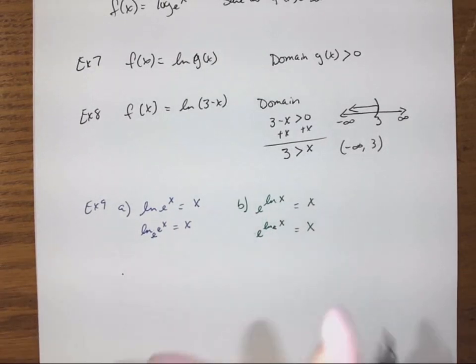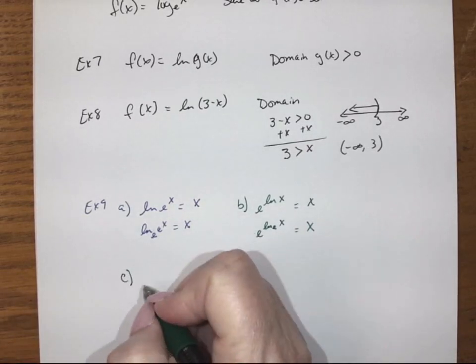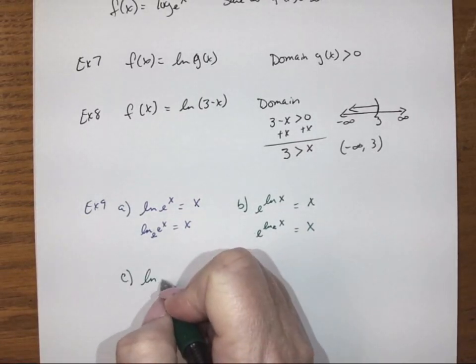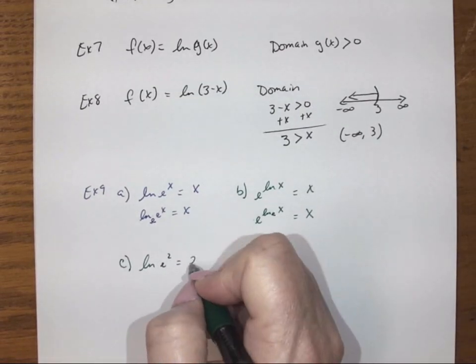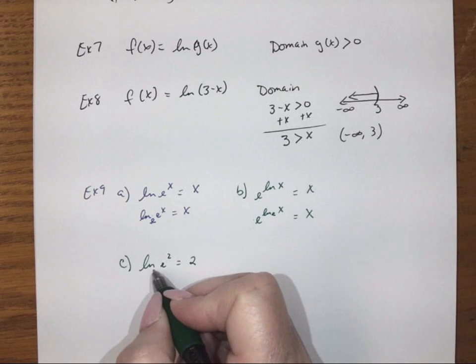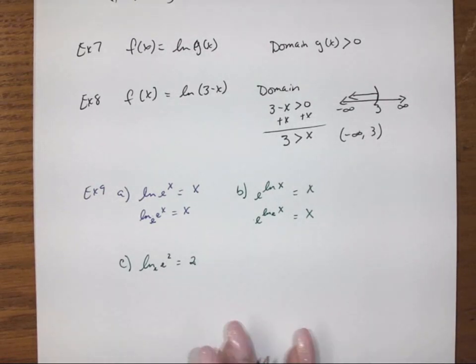For part C, we will have ln of e squared will be equal to 2, because remember, this has a base of e, so e squared equals e squared.